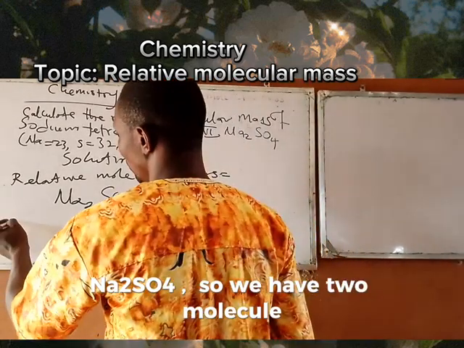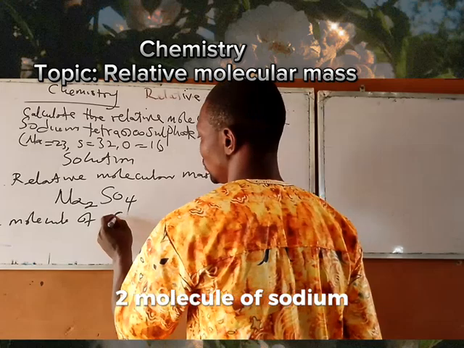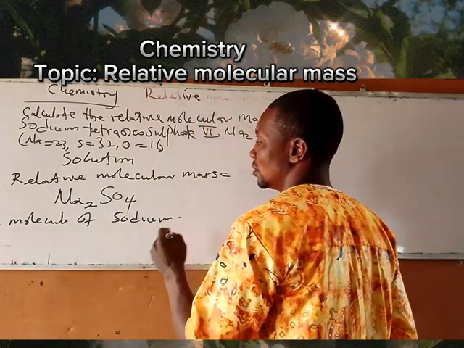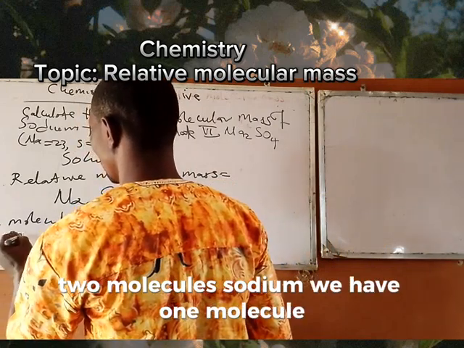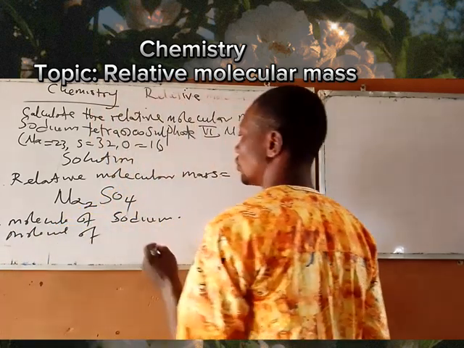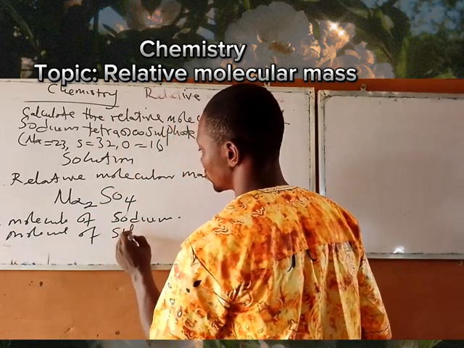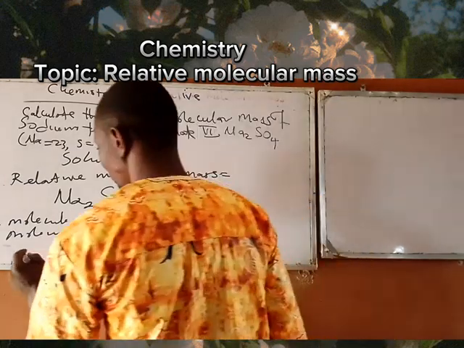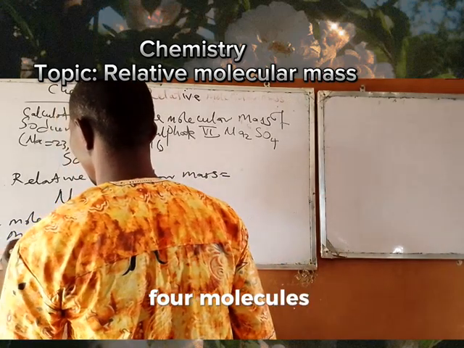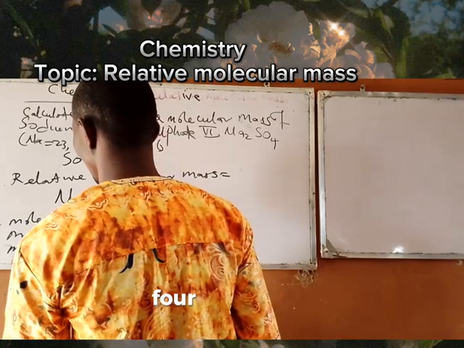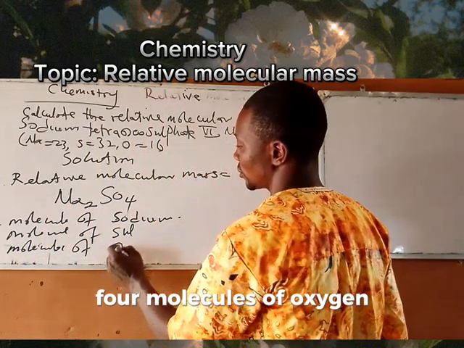So we have two atoms of sodium, one atom of sulfur, and four atoms of oxygen.